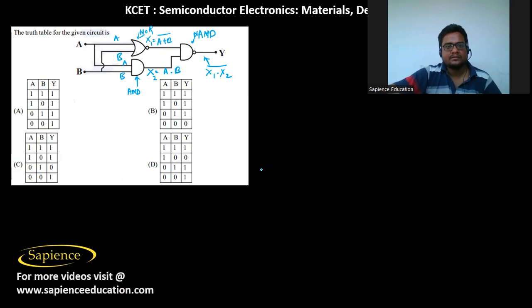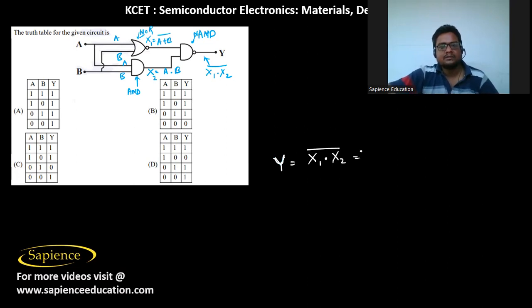So Y is equal to X1 and X2 whole NOT, where X1 is A or B whole NOT. We are saying OR means plus and AND means dot, so we signify AND with a dot and OR with a plus.